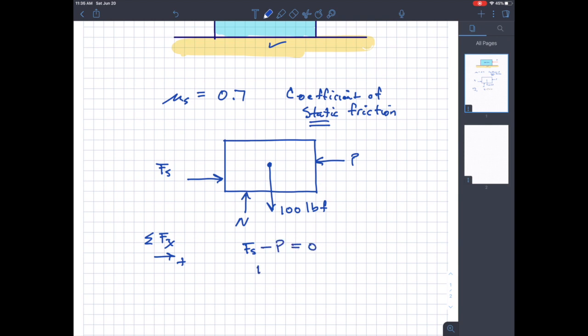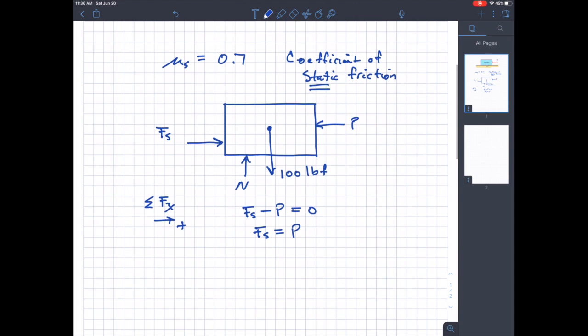So that would tell me that Fs is equal to P. All right, so Fs is this frictional force that I was talking about. Okay, so let's put a value to P. Let's say that P is equal to 40-pound force. Okay, then that would imply the frictional force is balancing this, and it's also 40-pound force.